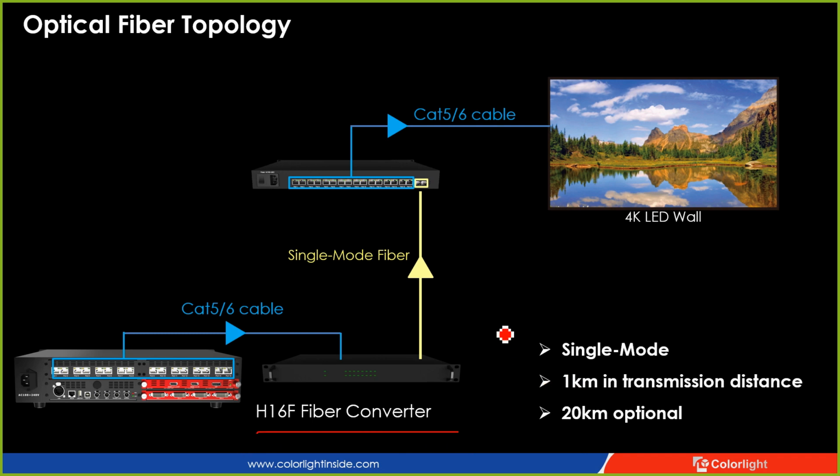For our X16 processor, the H16F is the best option. The standard one can support 1 kilometer, and we also provide a 20 kilometer option. This way, it will significantly reduce cabling work for some projects.